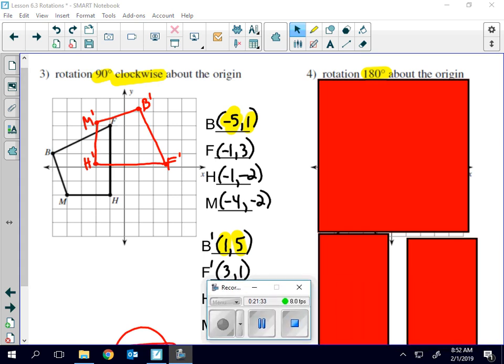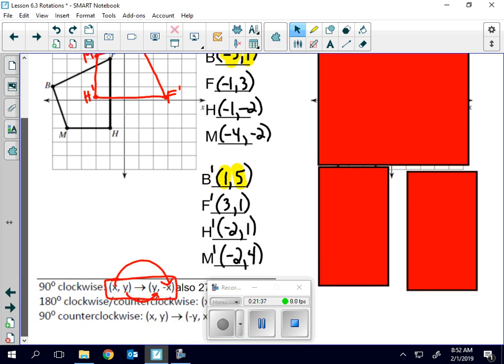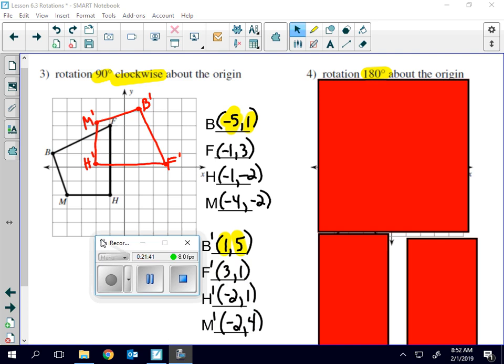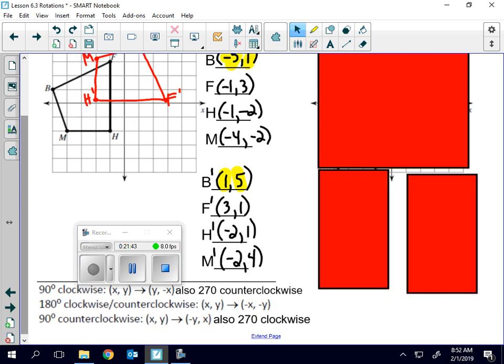All right, 180 degrees about the origin. All right, this time we're going to use this one, so 180 degrees. Either way, you're just making them opposite, keeping the X and Y in the same spots, but making them opposite.